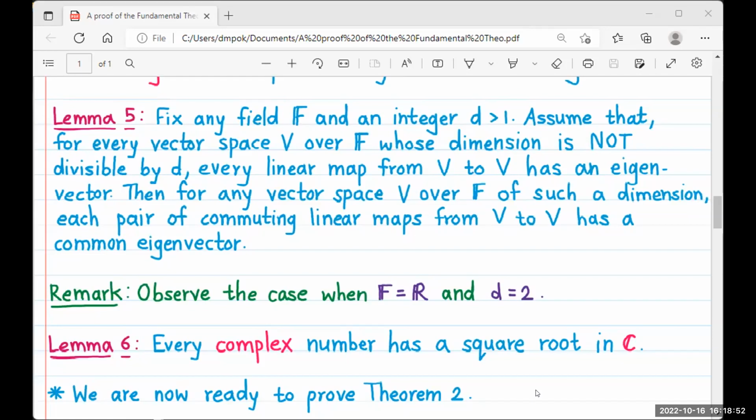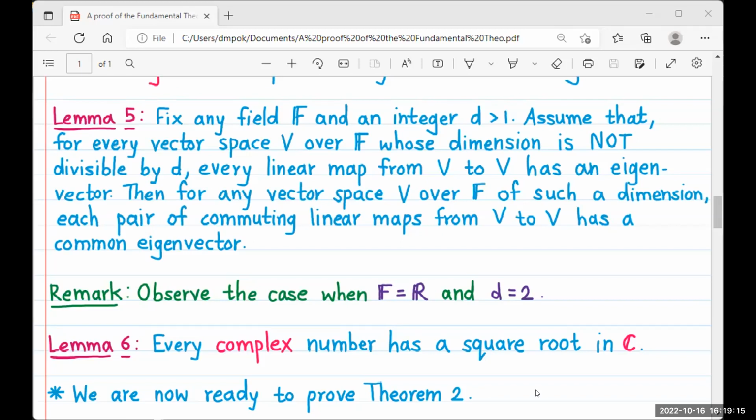We will treat our linear map as an n cross n matrix A, where n is the dimension of V. And we will try to construct another non-zero matrix B such that AB is equal to some lambda times B, where lambda is a scalar complex number.